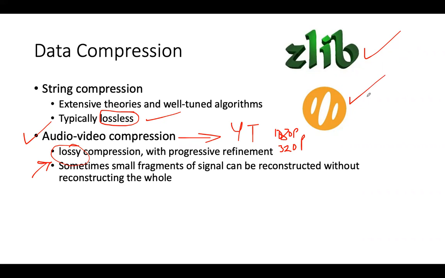It also uses lossless compression algorithms like Huffman coding, and is very popular for compressing HTTP content. So that's it as far as data compression is concerned, and this visual just summarizes that.